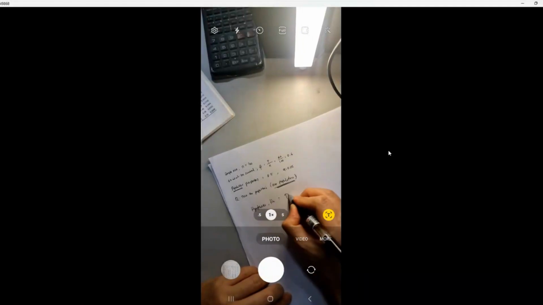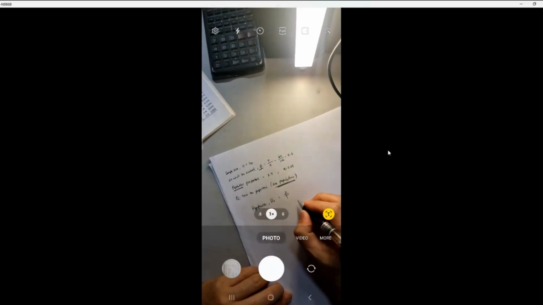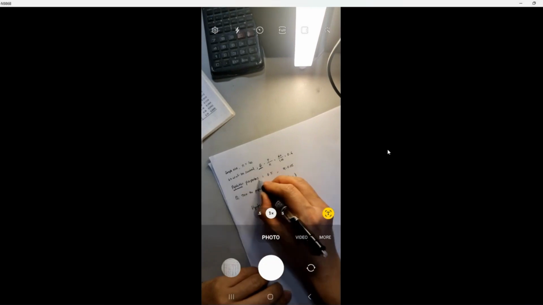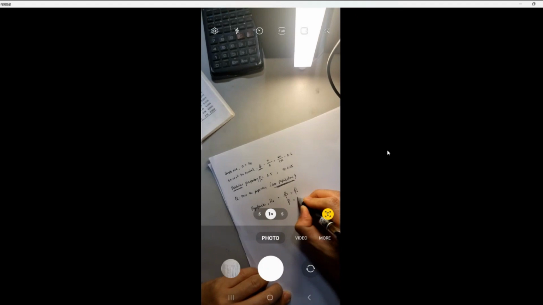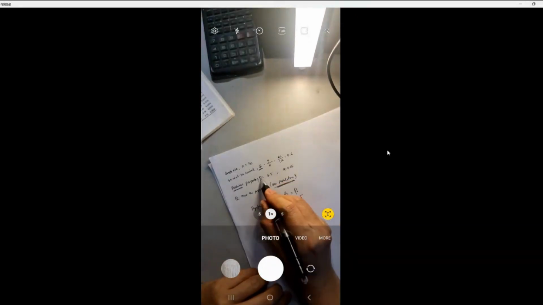We want to say that the sample proportion is similar to the population proportion, i.e. 0.5, because the population proportion is 0.5. The sample one is 0.6. The null hypothesis is that they are similar.